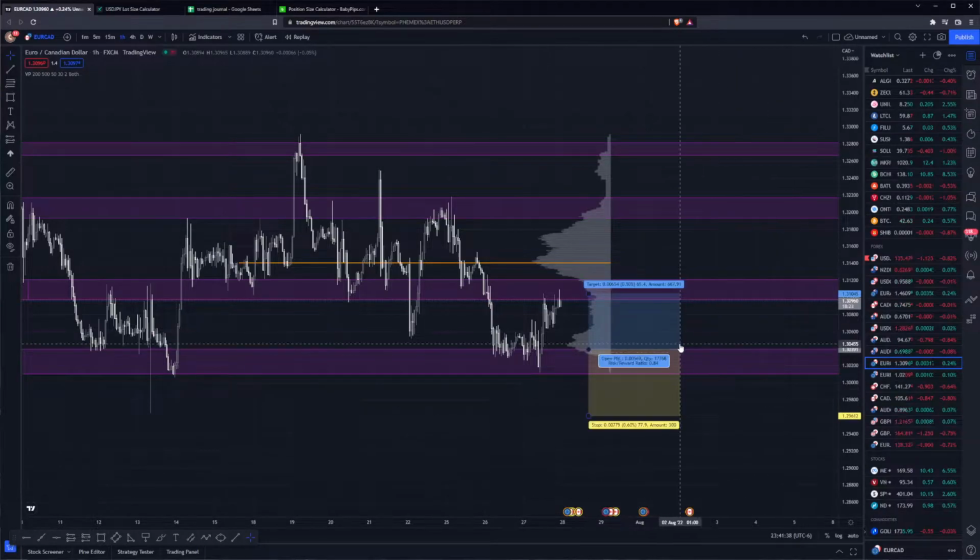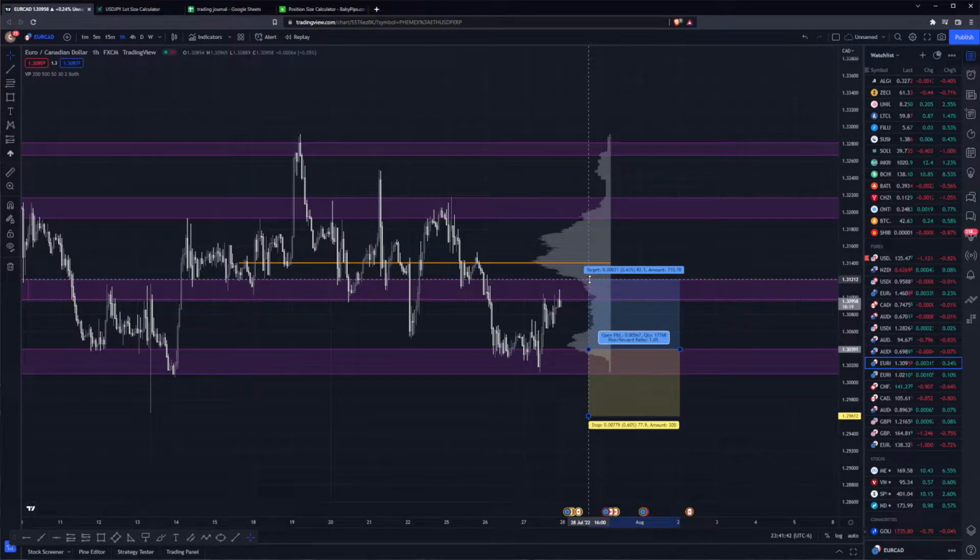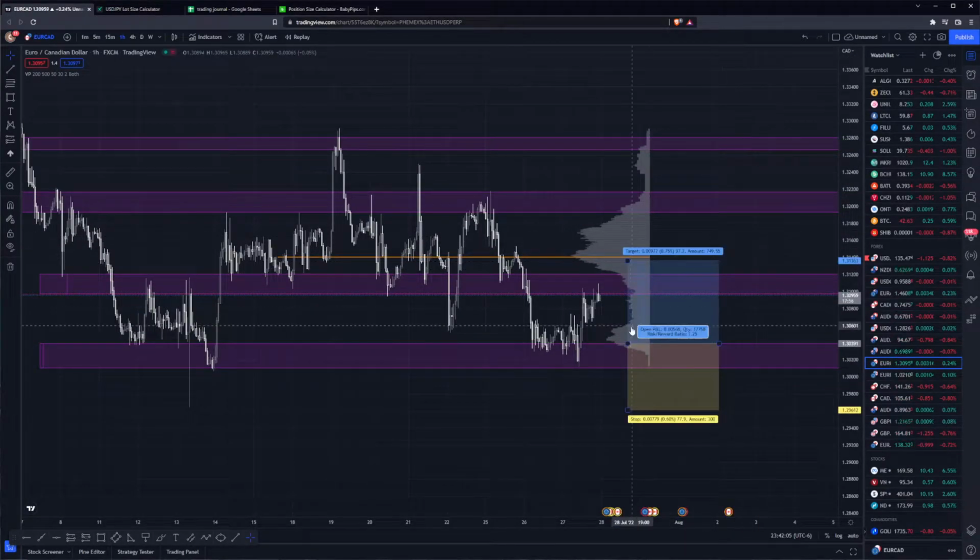My rules tell me to stick to a 1.25 risk to reward ratio. So when that takes me above the next immediate zone, I kind of don't like that. I like to stick within the zones here.